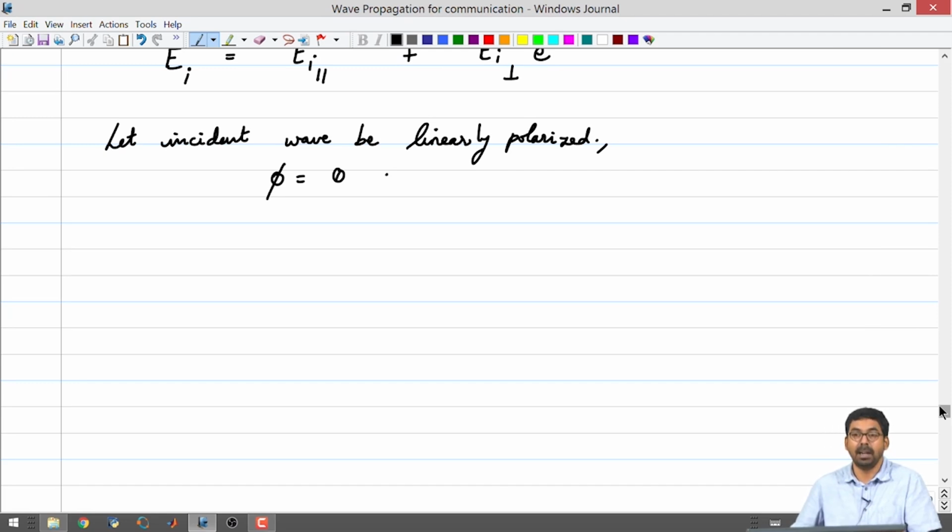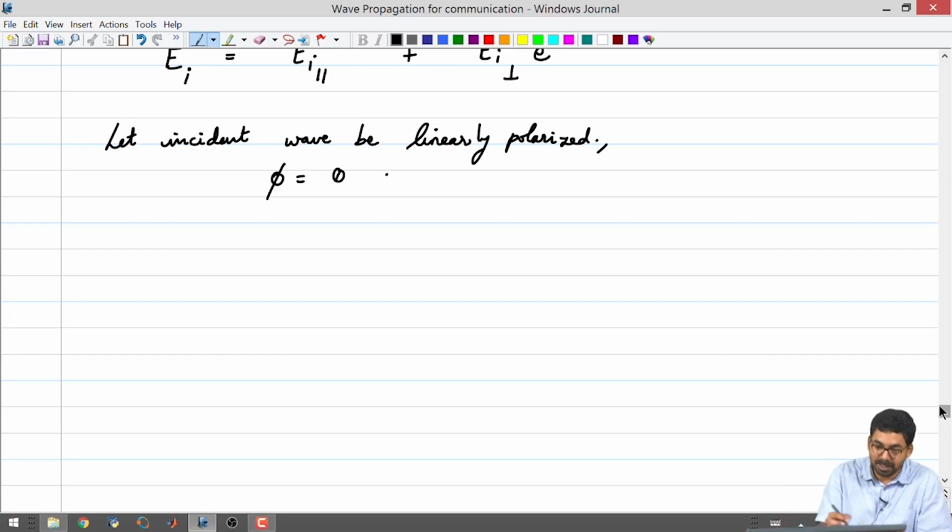So, if your incident electric field was linearly polarized and if you split that into parallel and perpendicular components, each of them is going to be having a reflection coefficient that is real, and then you add them together, you will end up with no manipulation of phase between them. So, you will not be giving only parallel polarization some phase, perpendicular polarization no phase, and all that will not happen, they will still remain in phase.